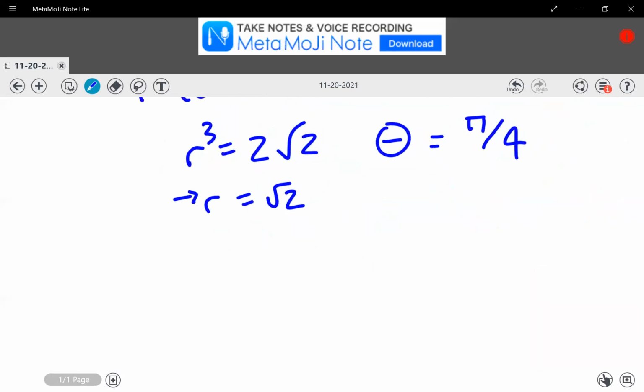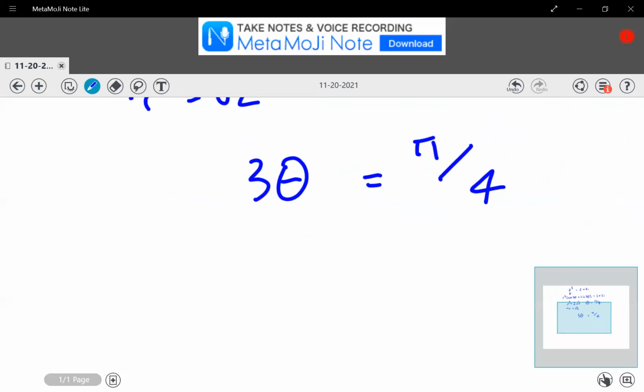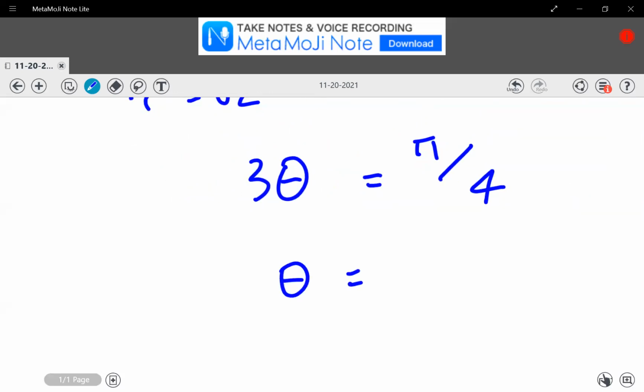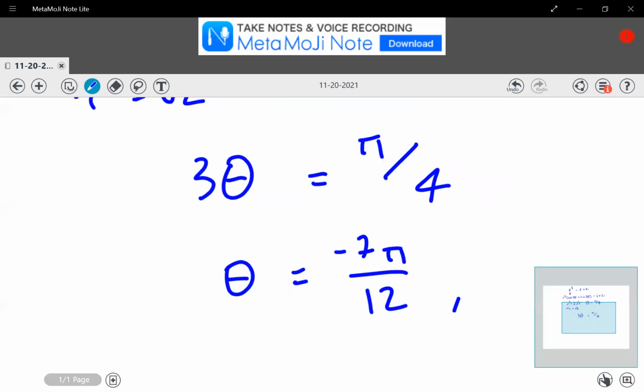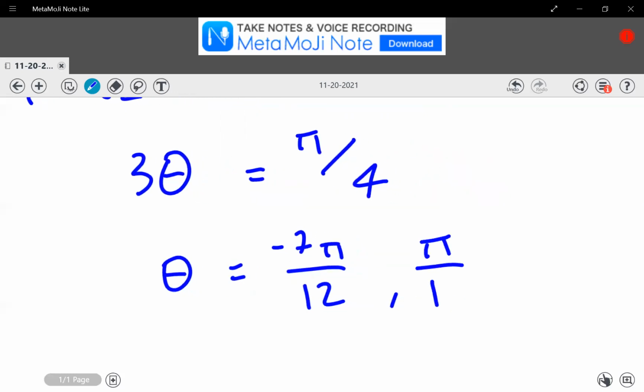Anyways, now what we do is we get 3 times theta equals pi over 4, and solve for theta. So we can pretty much just divide the unit circle by 3. And what we will get is that theta equals -7 pi over 12, pi over 12, and 3 pi over 4.